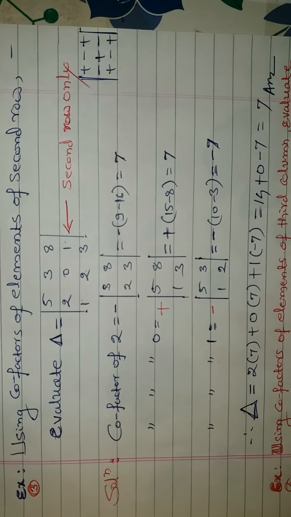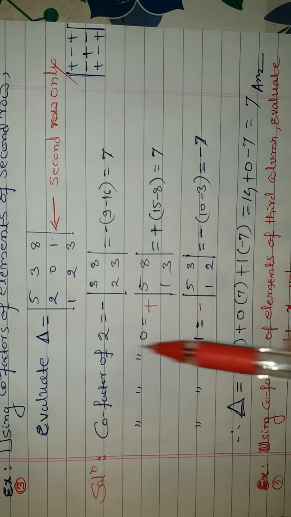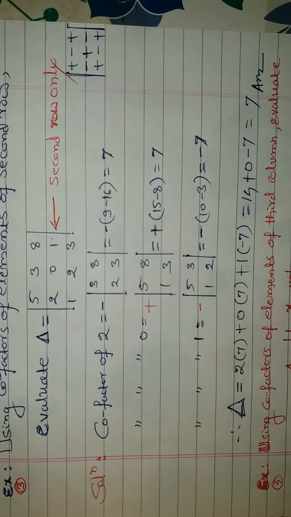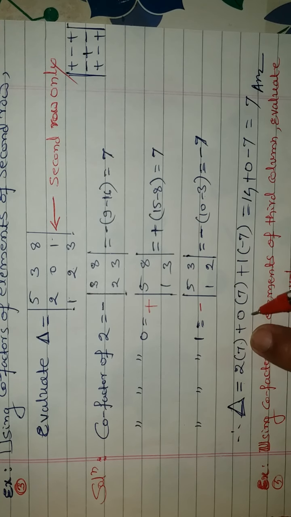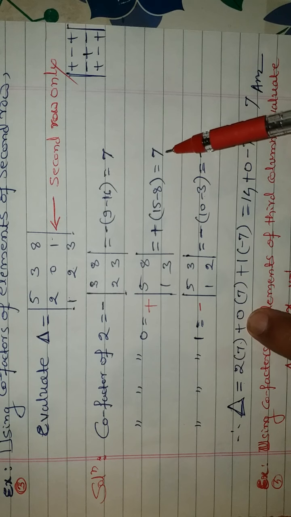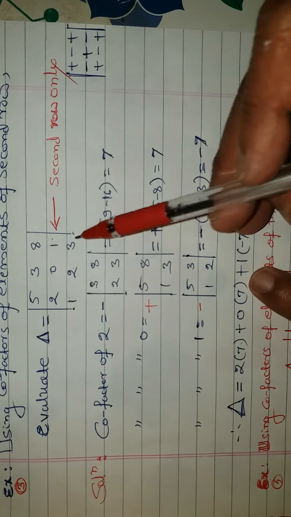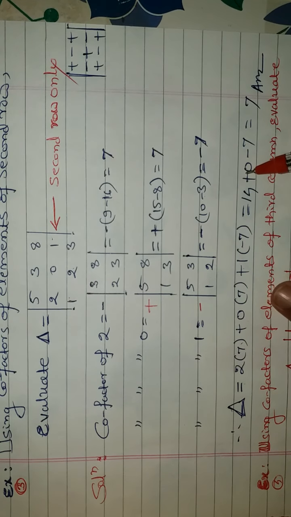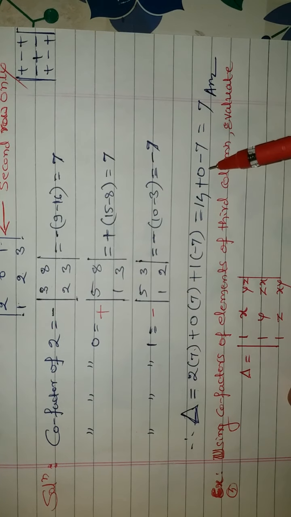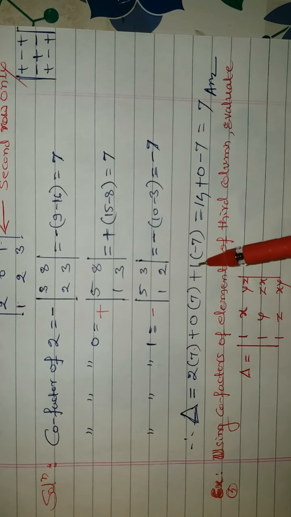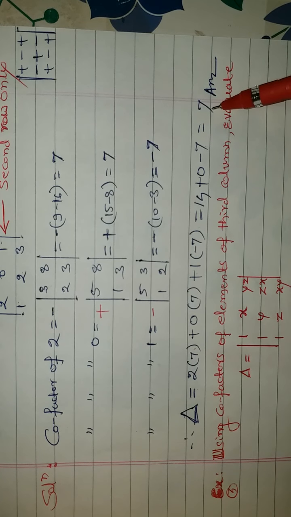But he requires to evaluate delta. How do you find the value of delta? Delta is equal to the first element 2 into its cofactor value, plus 0 into its cofactor value, plus 1 into its cofactor value, which gives 7 2s are 14 plus 0 minus 7 1s are 7, which gives 7.